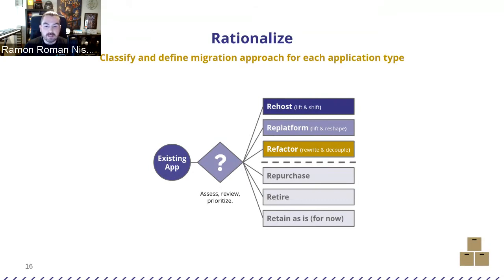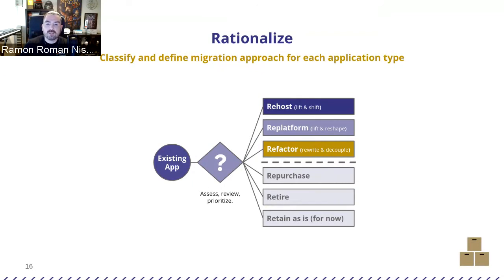So typically, all organizations will follow this 6 R's approach that Amazon popularized back in the day. And the idea is to decide whether you want to rehost, replatform, refactor, or even repurchase, retire, or retain each one of the application types that you have.